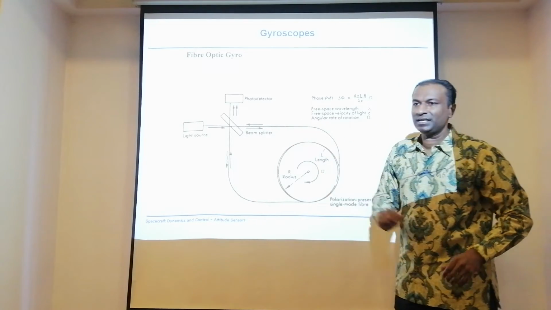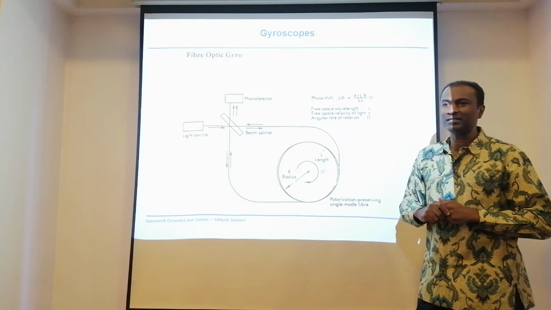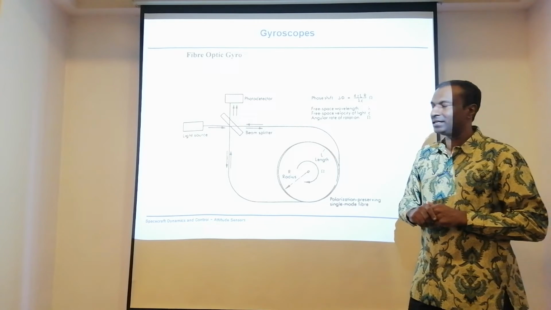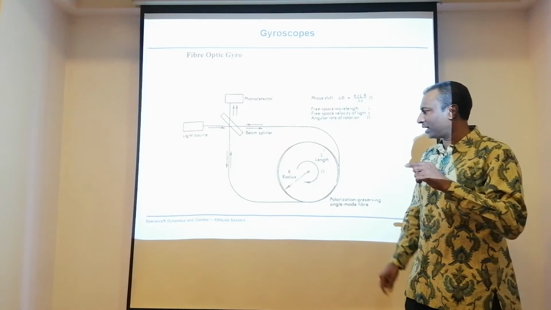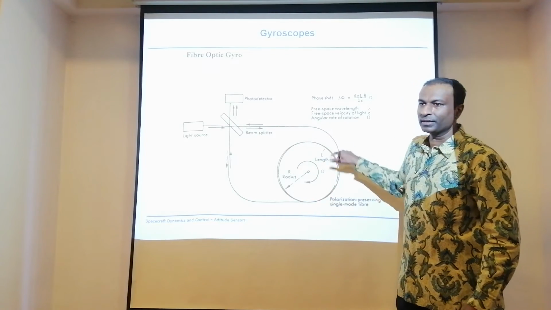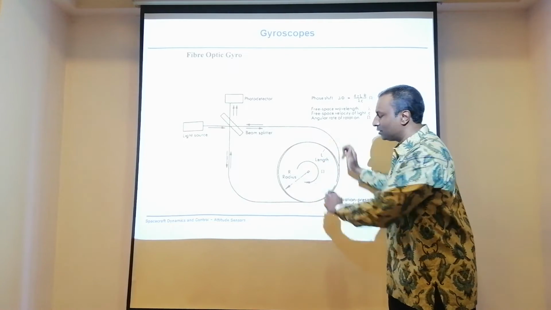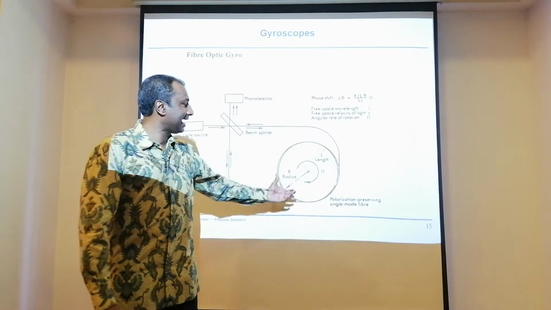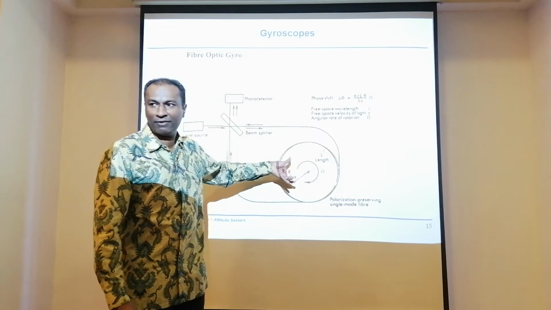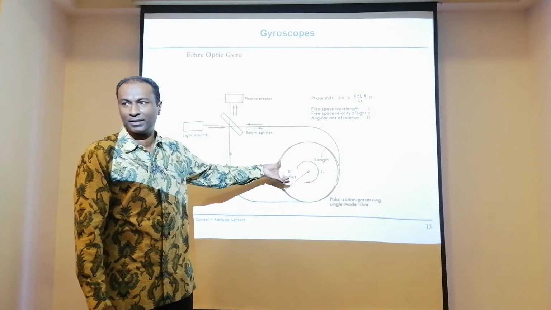The intensity of the light, that means the speed of light, is being compromised. So what you detect would not be the same as what you inject in these fibers because of this movement. So if very well calibrated, I should know how much I have rotated along this particular axis.